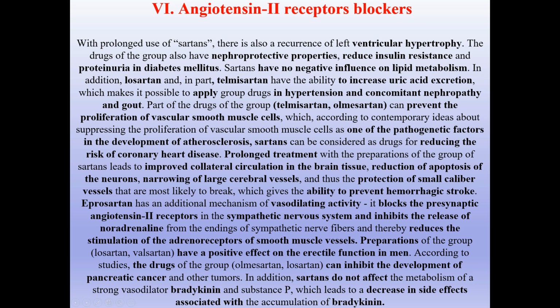According to studies, the drugs of the group olmesartan-losartan can inhibit the development of pancreatic cancer and other tumors. In addition, sartans do not affect the metabolism of the strong vasodilator bradykinin and substance P, which leads to a decrease in side effects associated with the accumulation of bradykinin.